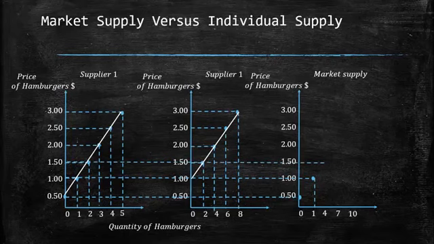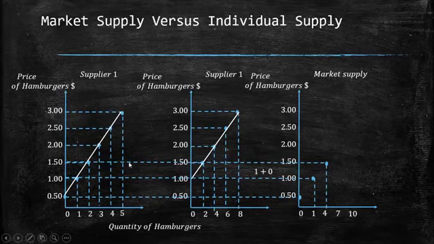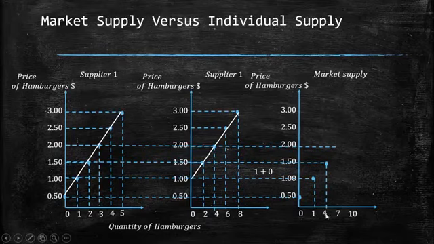For the price of 1.50, it's 1 for supplier 1 and 0 for supplier 2. In this case, it's 2 for supplier 1 and 1 for supplier 2.